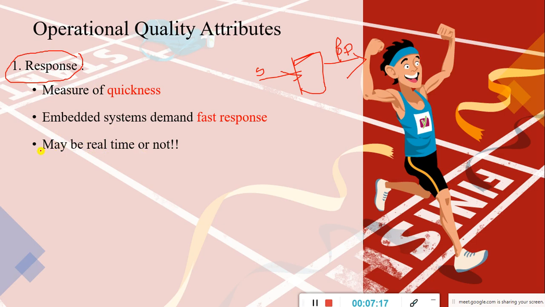This response may be a real-time approach or may not be. What do we mean by the response being real-time or non-real-time? Consider one example, a toy car, as the embedded system. I have a remote-controlled toy car.